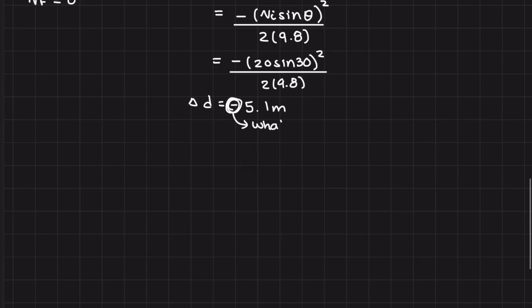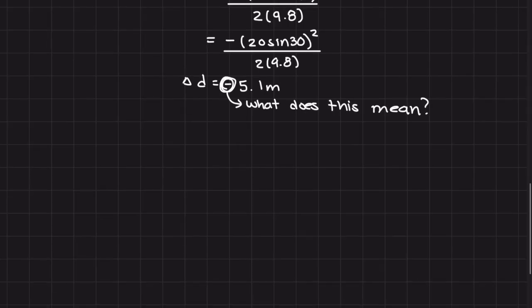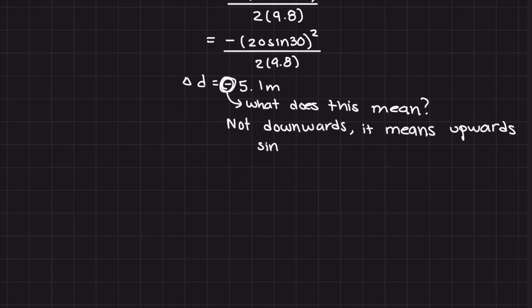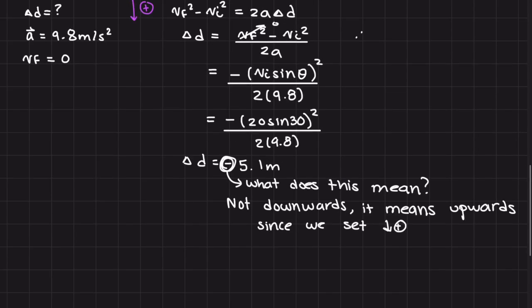This negative is important in determining direction. Since we set downward as positive earlier, this negative does not mean downwards. It means upwards. This means that we can now say that our max height is 5.1 meters.